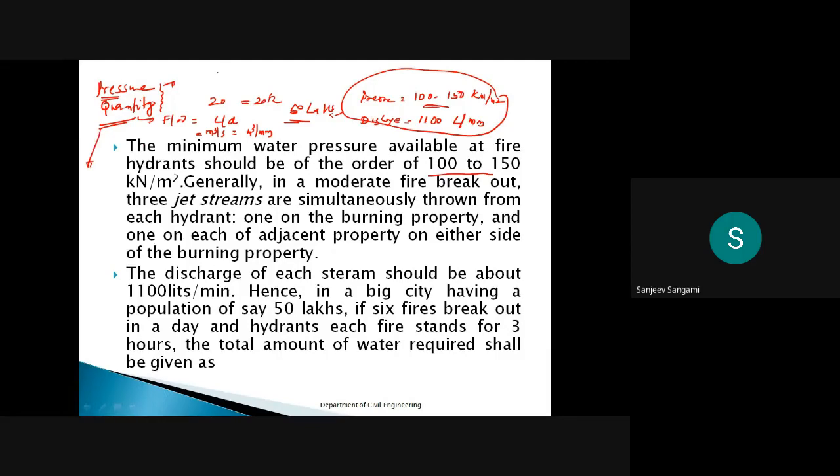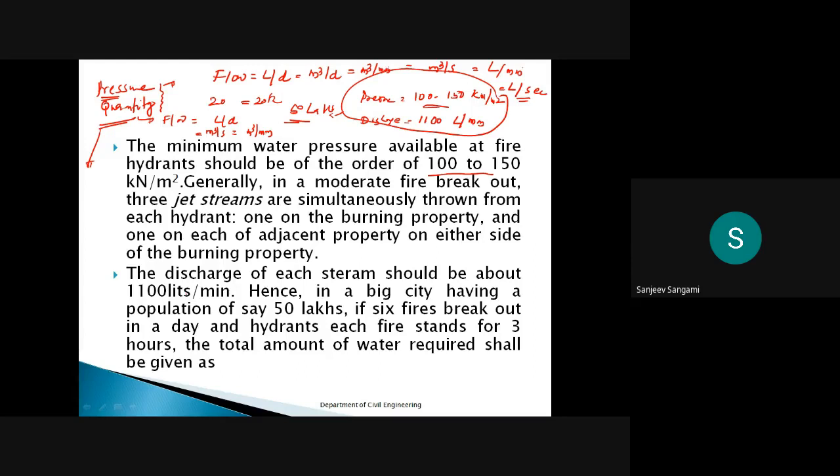Remember, the flow unit is either liter per day, which you can convert into meter cube per day, meter cube per minute, meter cube per second, liter per minute, or liter per second.